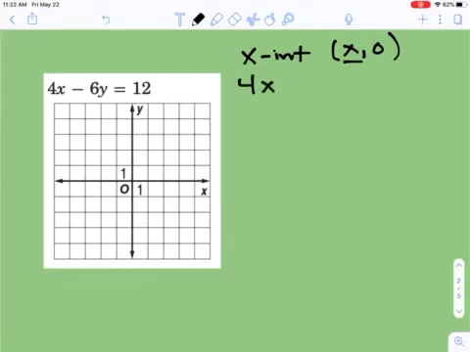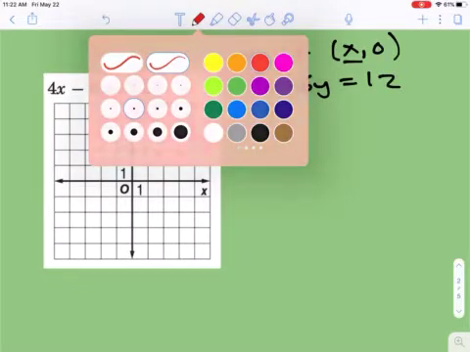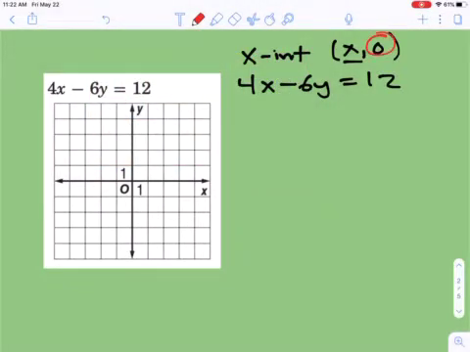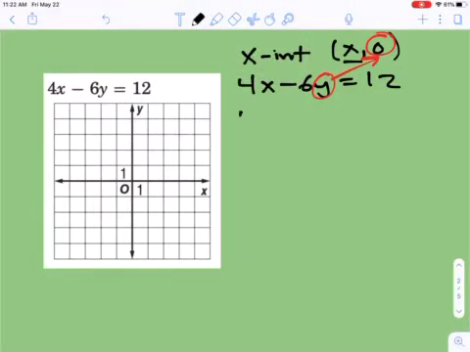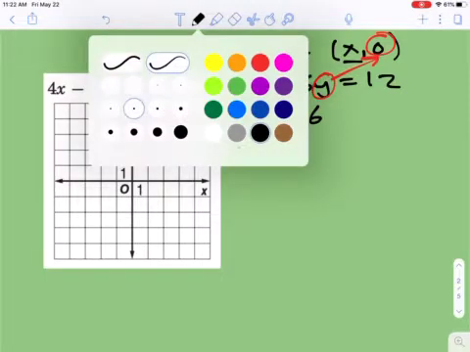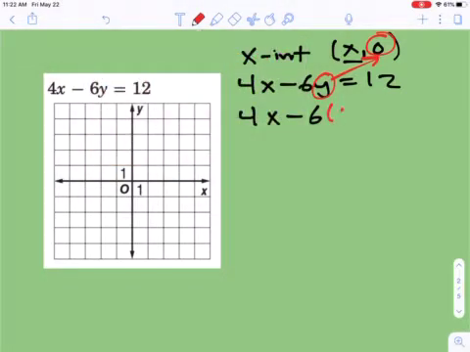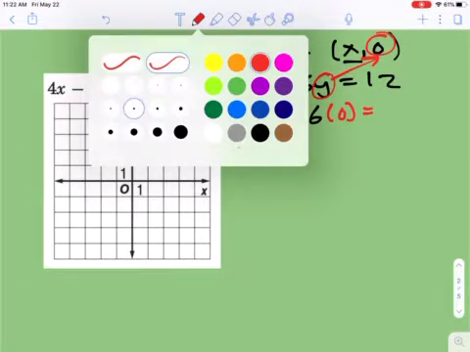If I have the equation 4x minus 6y equals 12, it means my y-coordinate, we'll use red, is going to be 0. So when I rewrite this equation with that understanding, we have 4x minus 6 times 0, because my y-coordinate is 0.